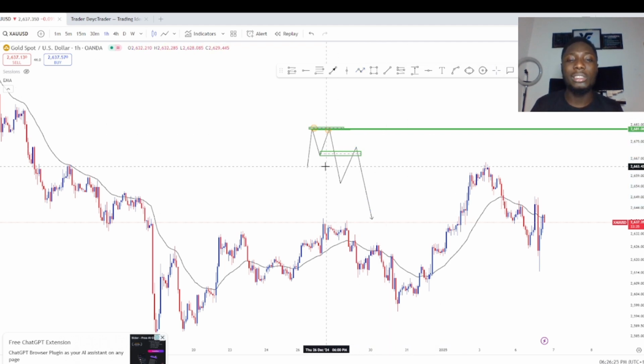So that level is actually going to be a level of support before, but there's this ideology, if you've not watched any video relating to support and resistance: if there is a level of support and price pierces it down, that level will be used as what? Will be used as resistance. That's how you hear people say support turns to resistance and resistance turns to support.